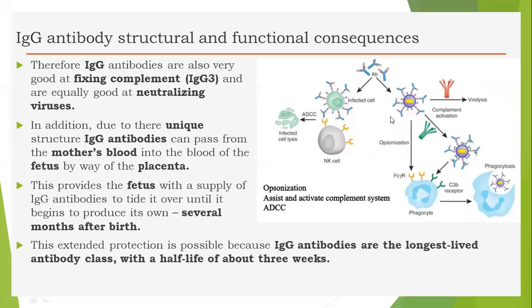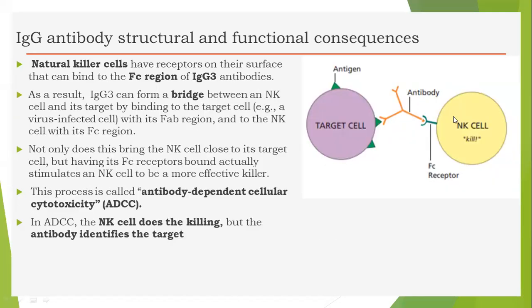And once that occurs, the NK cell is able to bind to the constant region of the antibody, and therefore is instructed to induce its activity in terms of identification of the target cell. And this is a concept that we refer to as antibody-mediated or dependent cellular cytotoxicity. So a very, very important concept to understand further.